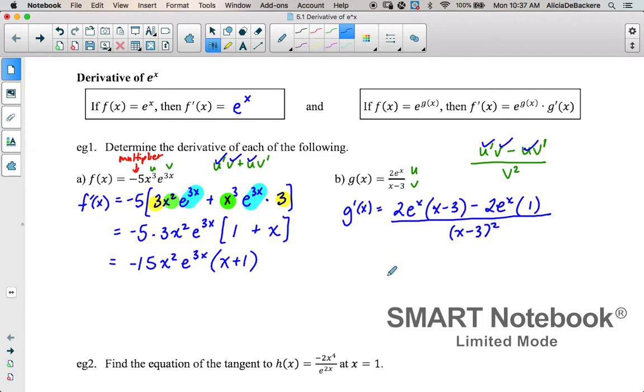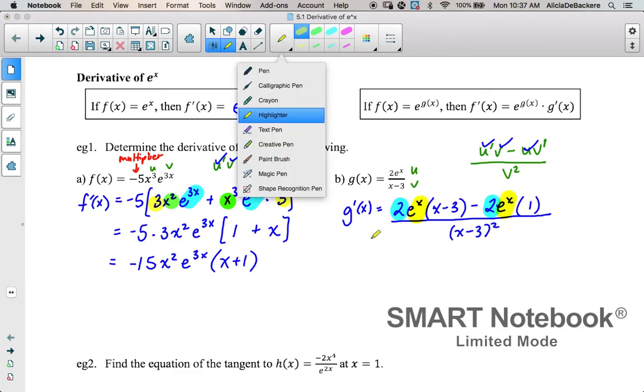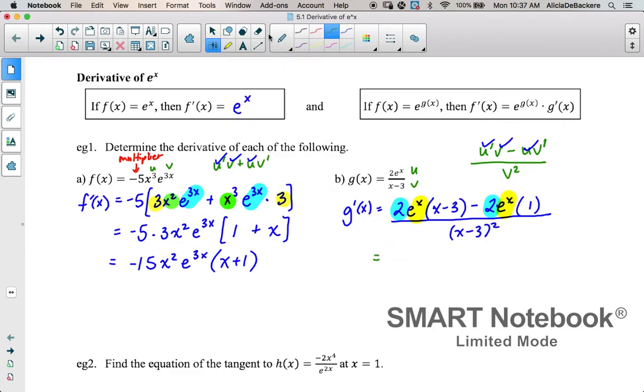Again, trying to clean this up. I'm looking for common multiples or common factors in the two terms in the numerator. I see that there's a common factor of 2 and a common factor of e to the x. So I'm going to bring those out.